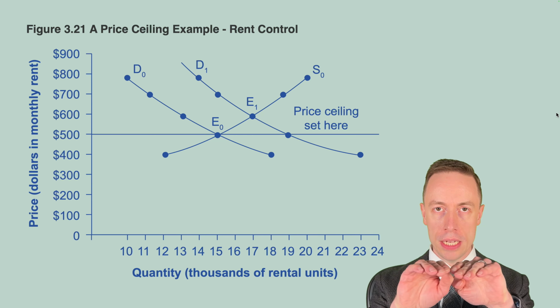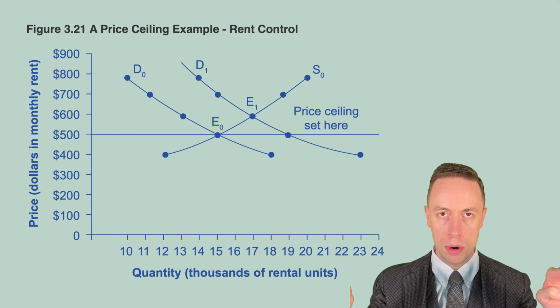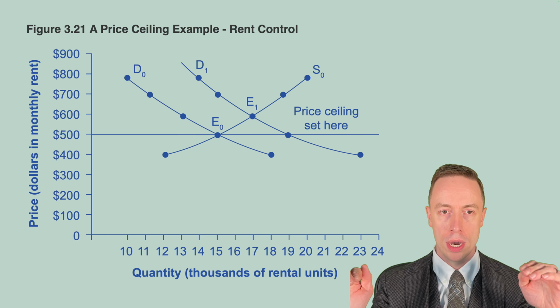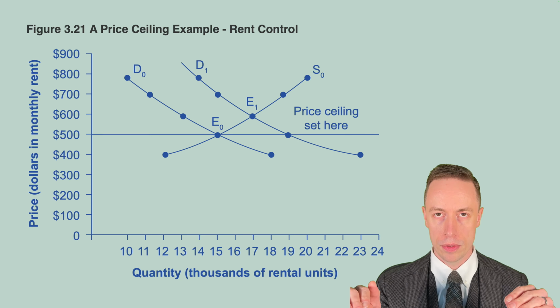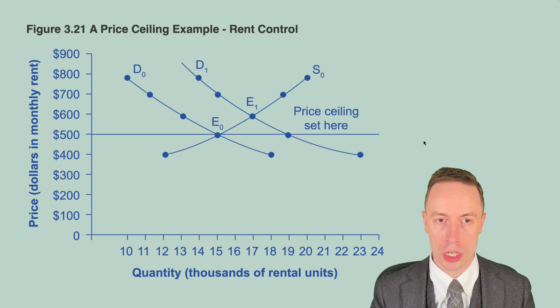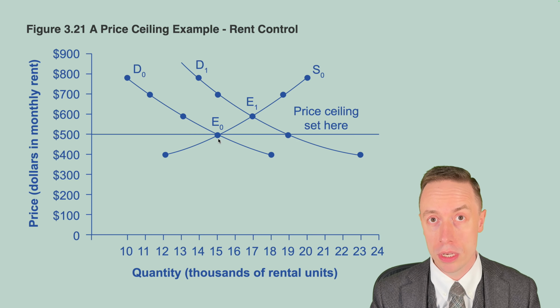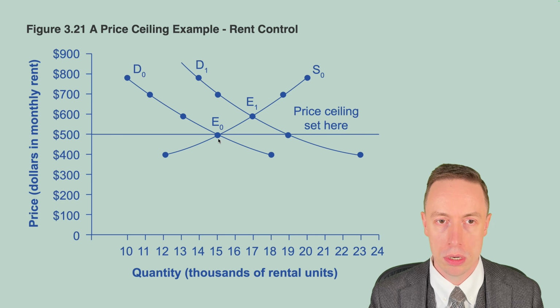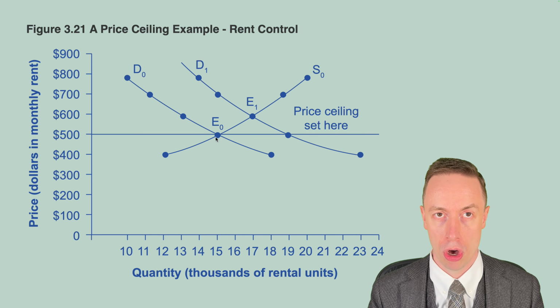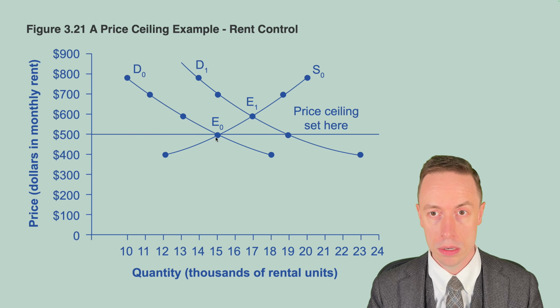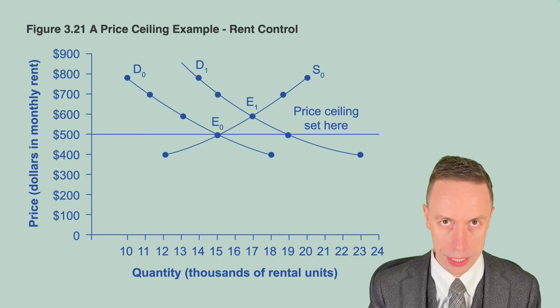So we're going to draw that in as a horizontal line in our model of demand and supply, labeled a price ceiling. At first, at the original equilibrium, that price ceiling doesn't have an impact. The natural market outcome is $500. The law says $500 is okay, so the law doesn't do anything yet.